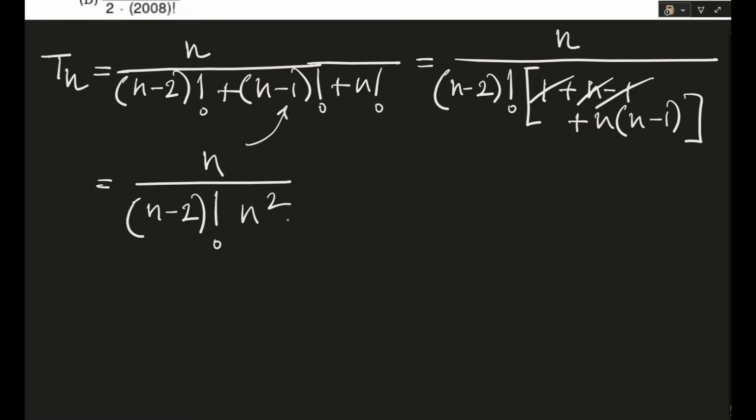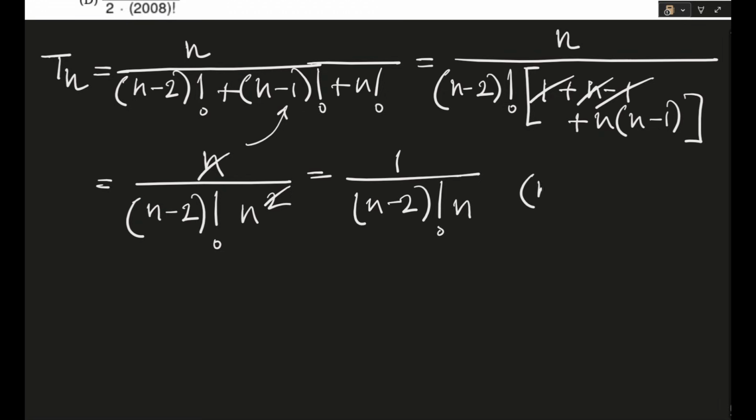Again, one n gets cancelled, so this is becoming 1 by n minus 2 factorial into n. Right now we are going to do something. This particular step might be a little tricky, so I will explain that to you.